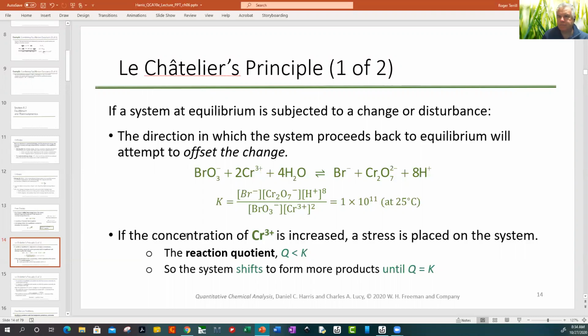So if we have a reaction like this at equilibrium, whatever their values, these reactants have come to equilibrium, and therefore their product here is equal to K. And we add chromium to that reaction, then what will happen is that more bromate will be formed, right?